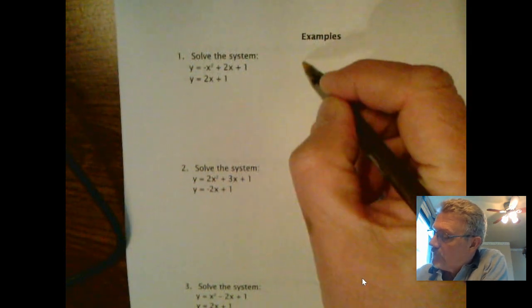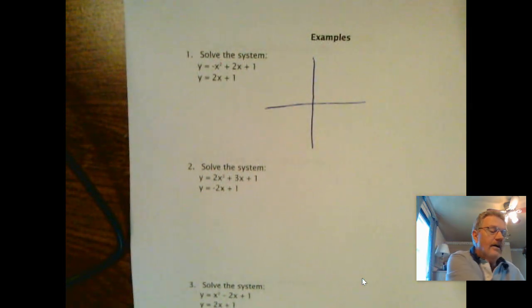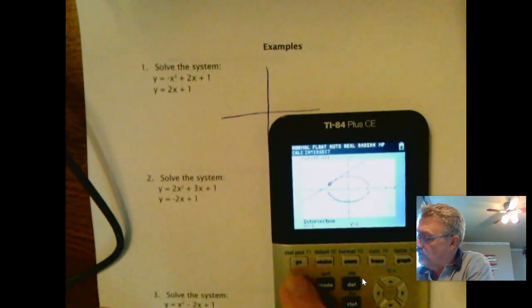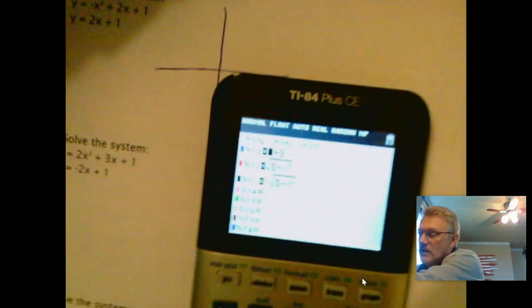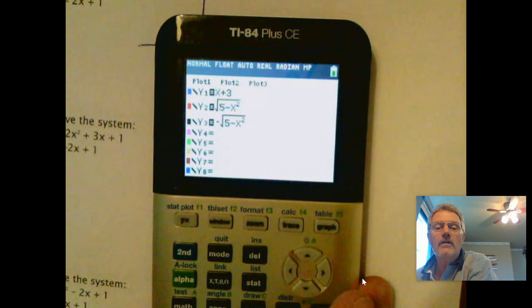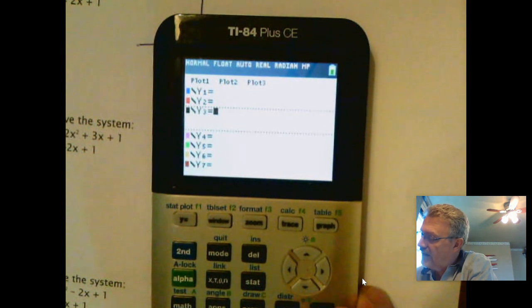Okay, so I've got these two equations. I'm going to put them in the calculator, and I'm going to sketch the graph. So going back to my y equals screen, I'm going to clear the equations I have in there.